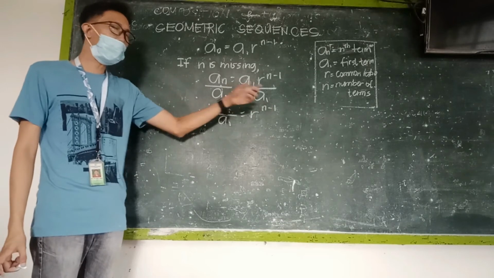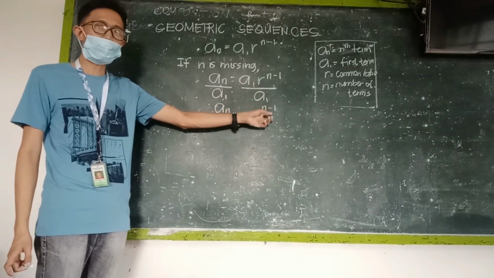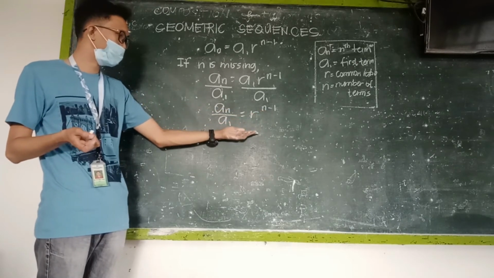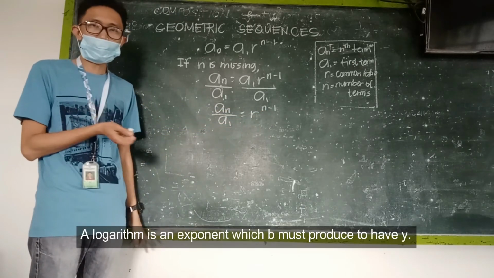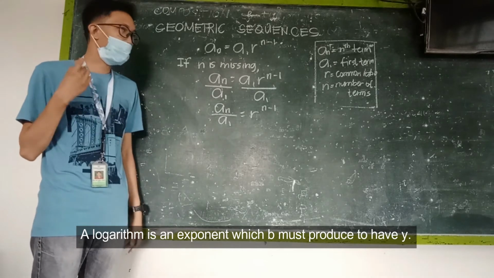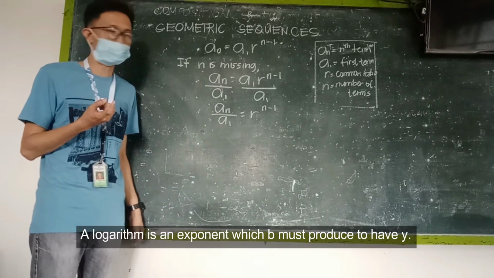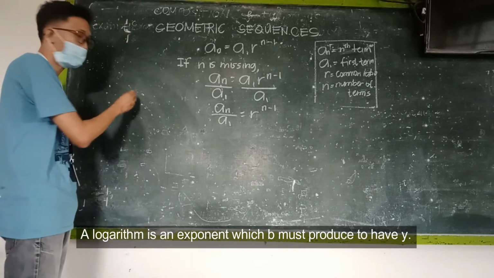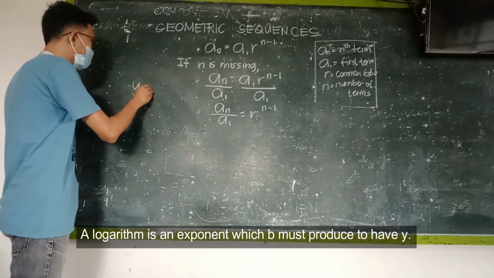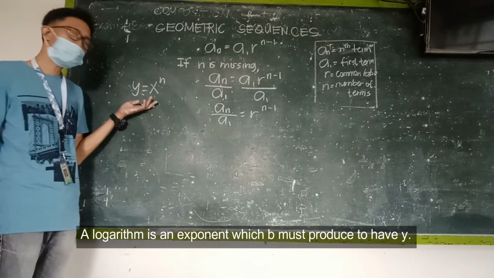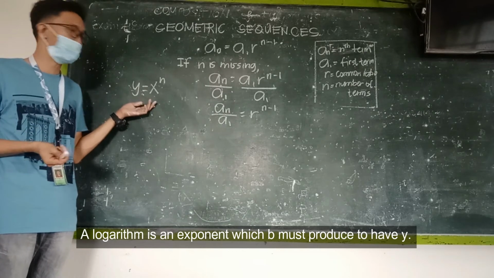Now, since ang ating hinahanap ay nasa exponent, so we will change the form of this formula into a logarithmic function. Ito ang tatandaan natin when we change an exponential function into a logarithmic function. Suppose we have y is equal to x to the power of n. I-change natin ito siya into a logarithmic function.